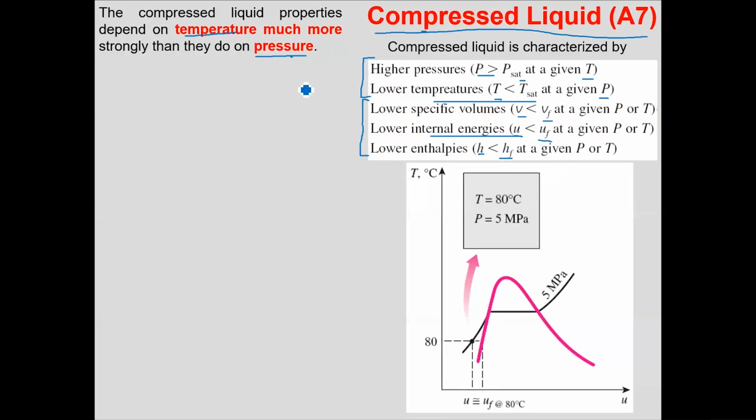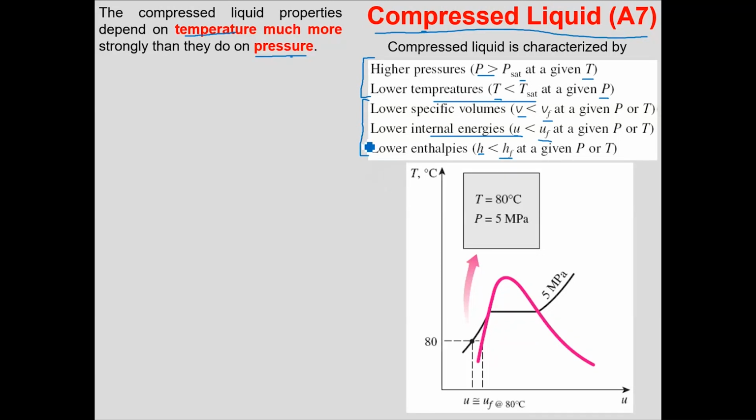However, if I increase the temperature from 25 degrees to 50 degrees centigrade, the change in specific volume would be significant. So compressed liquids are not that sensitive to pressure as they are to temperature.